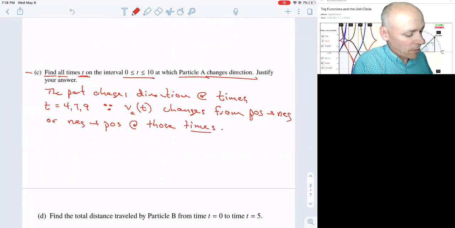I have to say both: positive to negative or negative to positive. Okay, sweet. All right, picking up steam.